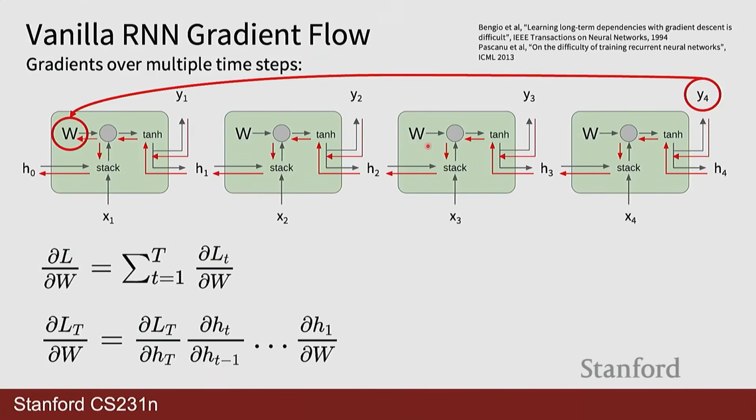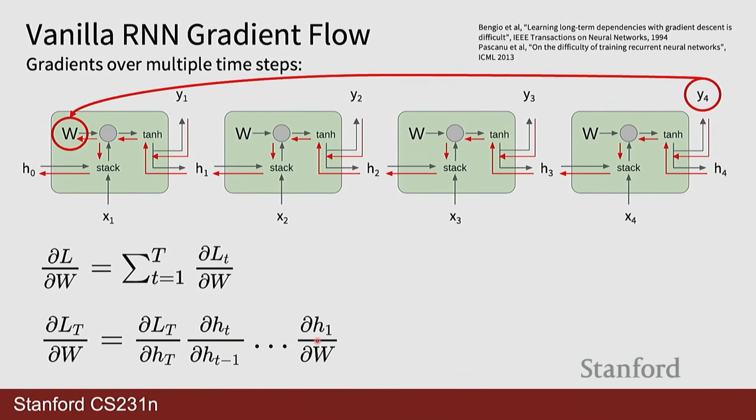And so you end up getting this product where you start to calculate the loss L_T at the final step with respect to h_T. You need to calculate each of the intermediate hidden states and how that affects W in order to calculate this final loss by using the chain rule.